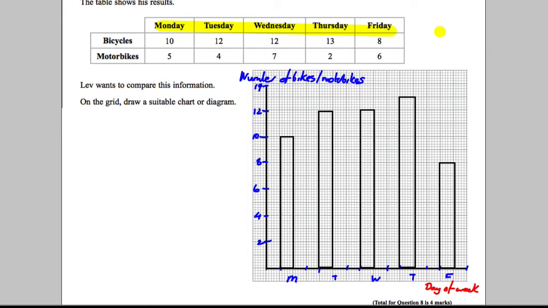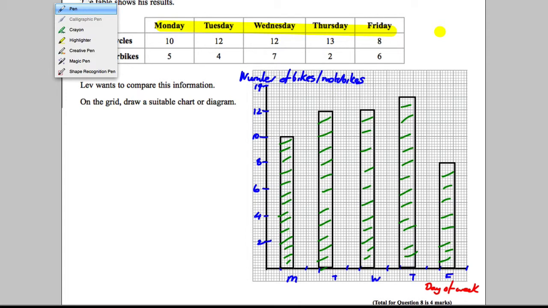Now at this stage I'm going to colour these in, maybe like this. Like that.